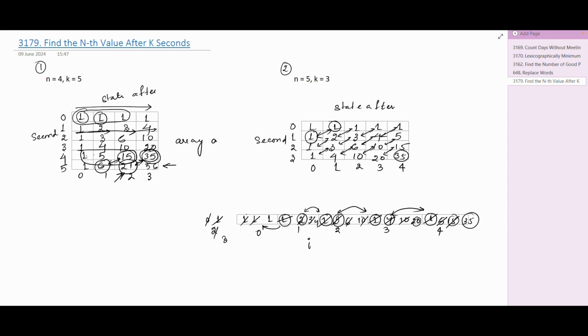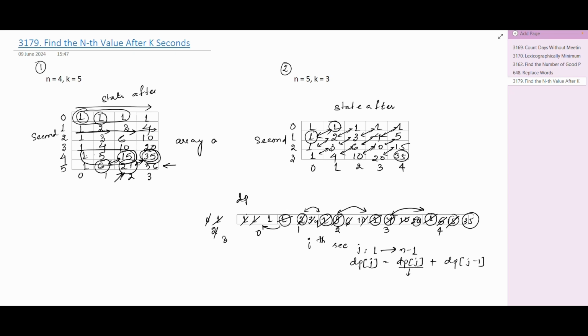So after ith second, we are computing the value. So let's say this is the DP array. So we are computing DP of j equal to DP of j, that is the value after i minus 1 second, plus DP of j minus 1, and j runs from index 1 till index n minus 1.